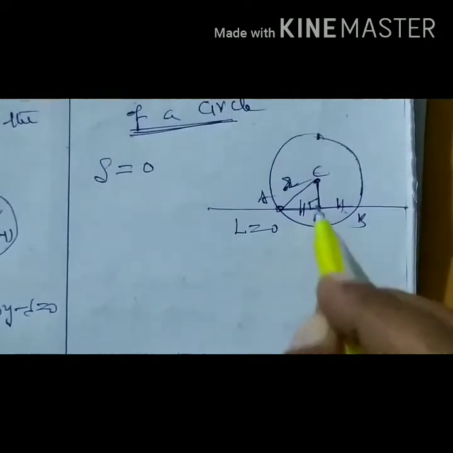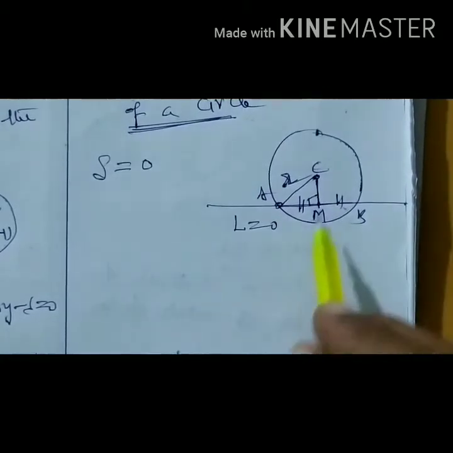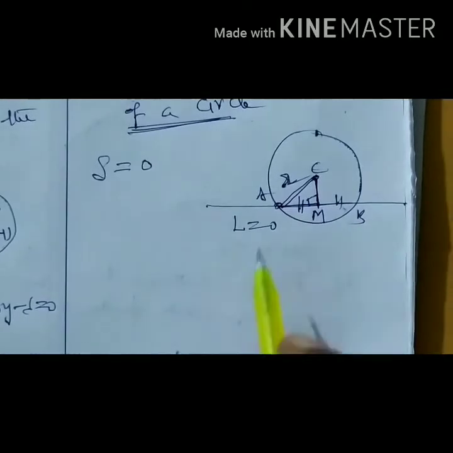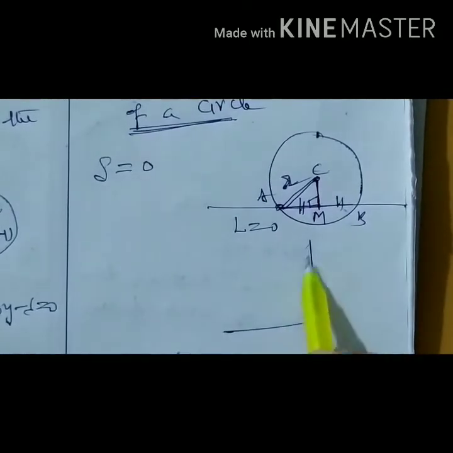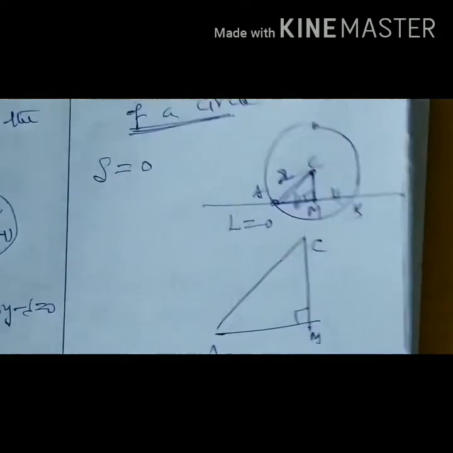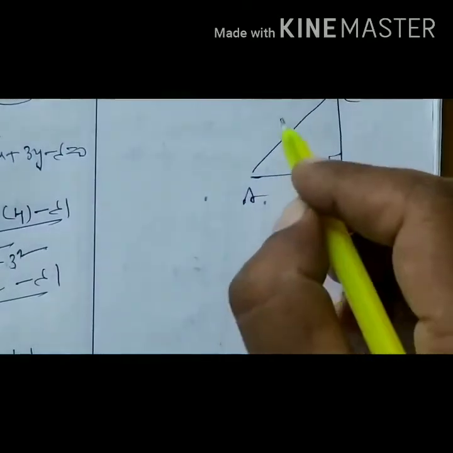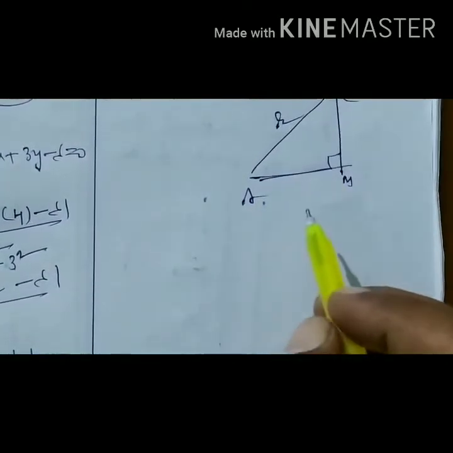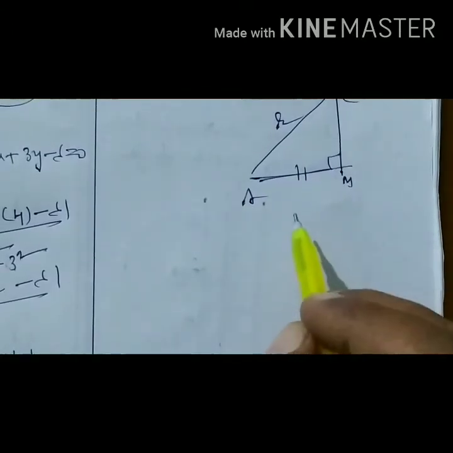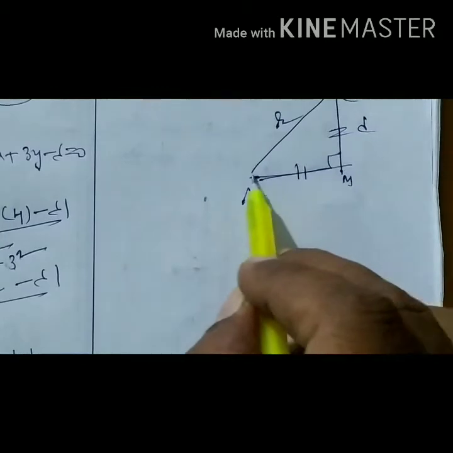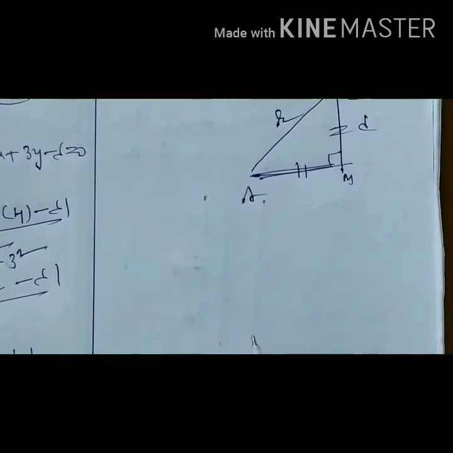If you see here, CAM is a right angle triangle. In this right angle triangle CAM, AC is the radius, AM is half of the chord, and CM is the perpendicular distance. We need to find the length of the chord.